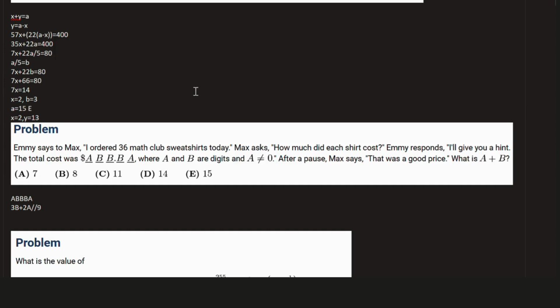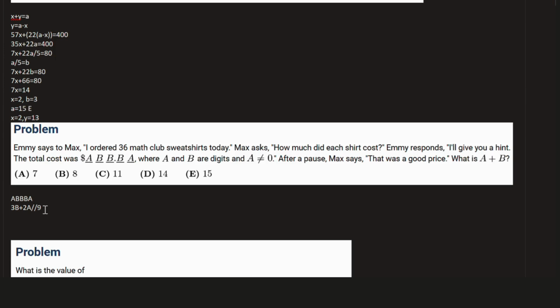We can use something that we used in the last problem, where we knew that since all of these numbers have to be integers, 3b plus 3b is divisible by 3, and then 9 is also divisible by 3. Dividing everything by 3, we know that b plus 2 over 3 a must be divisible by 3. So we know that a has to be divisible by 3 for that equation to be a whole number.